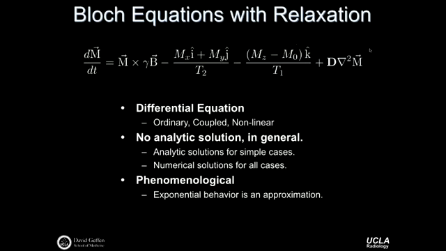We can, in fact, add additional terms here. This is a term that describes diffusion. I don't know if we'll have time in this course to talk very much about diffusion, but it's a really fascinating MR technique whereby you can label the phase of the spins, if you will, and recover pretty directly information about the diffusive behavior of the spins.